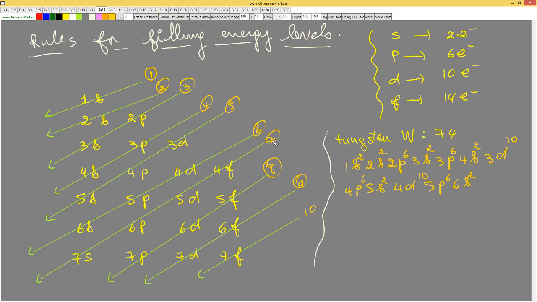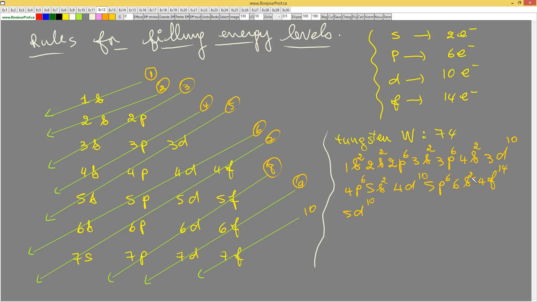I have to go to diagonal 7. And I will have 4f. But the f can hold 14 electrons. And after f, 5d. D can hold 10. So I'm going to stop here and do the calculation. Here I was at 30, 38, 48, 54, 56.